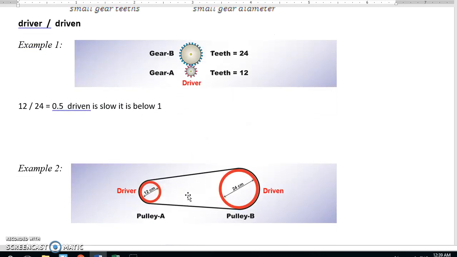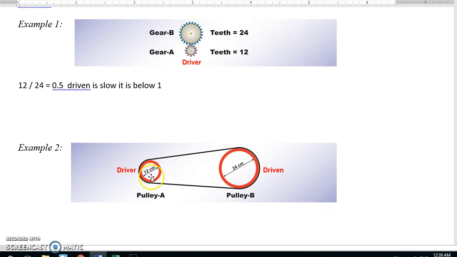If we look a bit lower, we have the driver, 12. Again, the driver divided by the driven, 12 divided by 24, equals 0.5. So the driven is slow. It's half the speed of the driver.